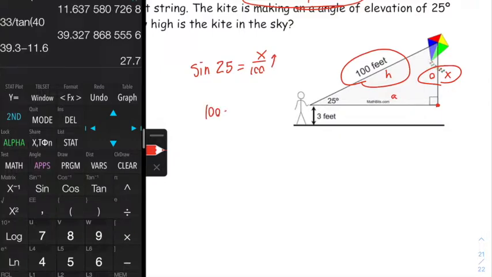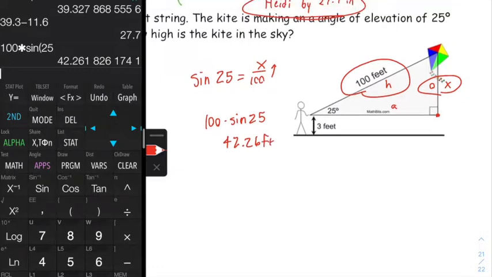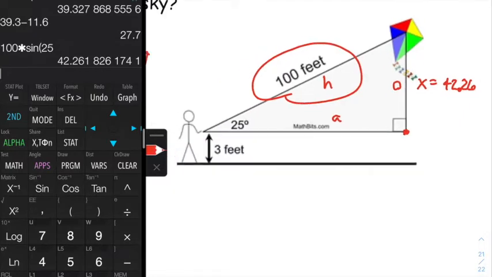This will be 100 times sine of 25, and that'll get us roughly 42.26, in feet. Let me write that over here. This x was 42.26.